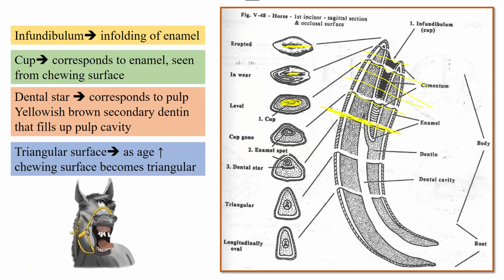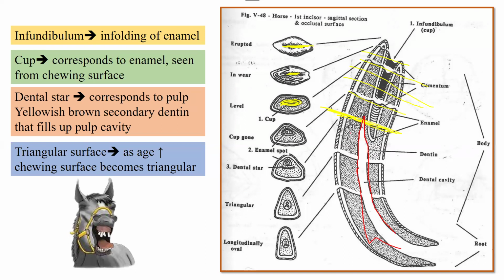Let me take some other color. Okay, this red area, what is this? Basically this is the pulp cavity.